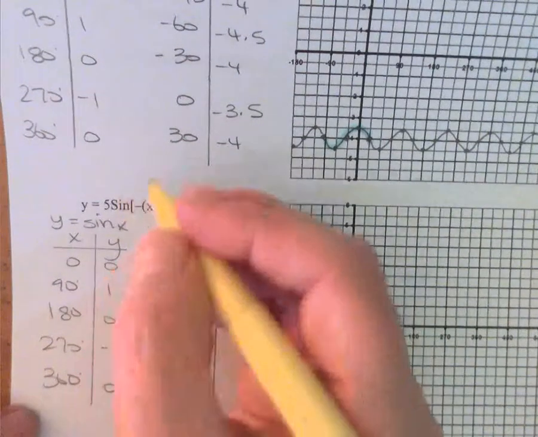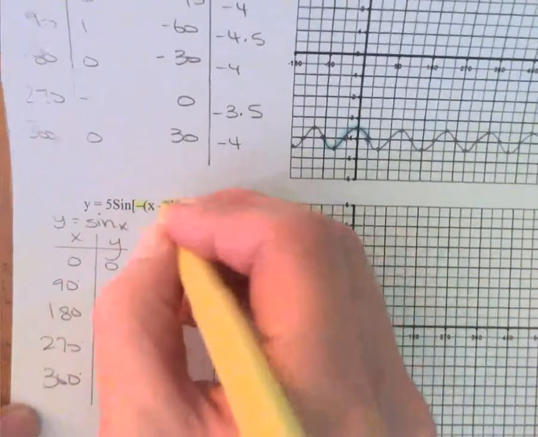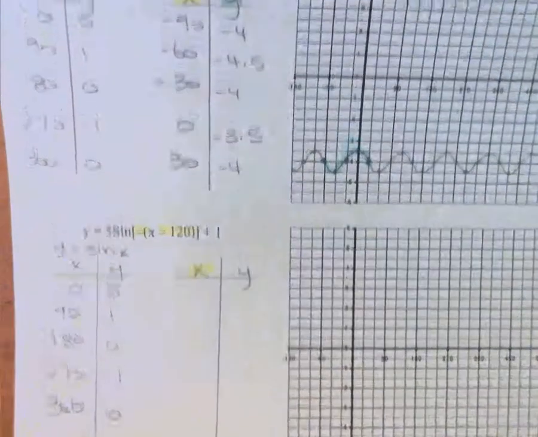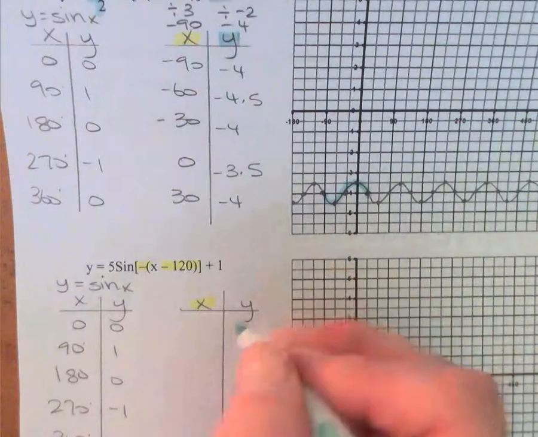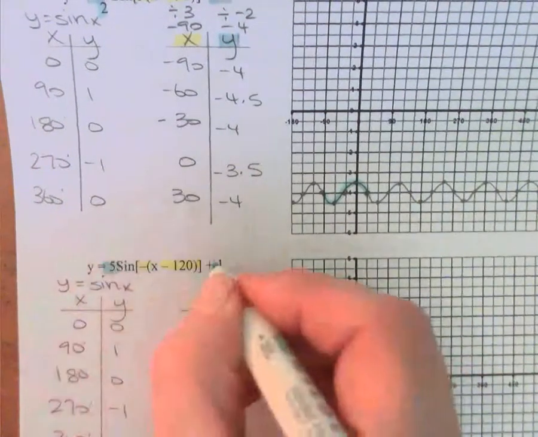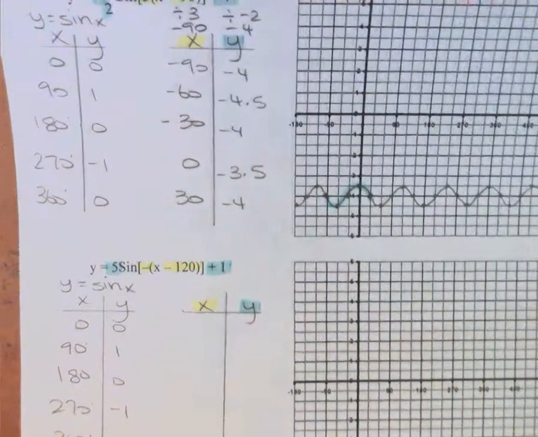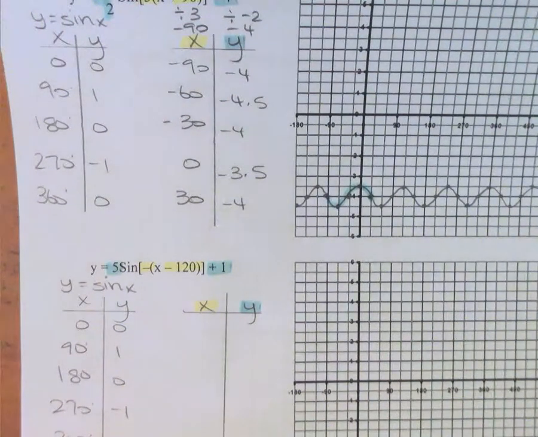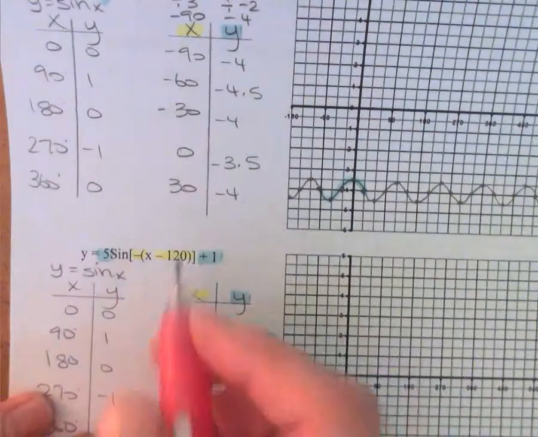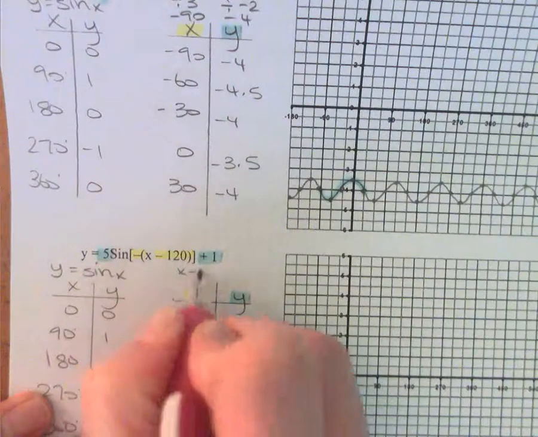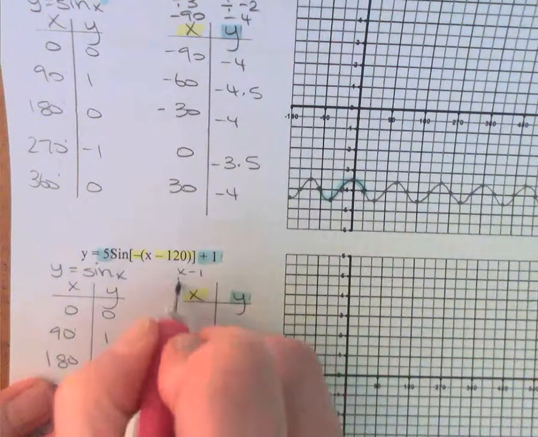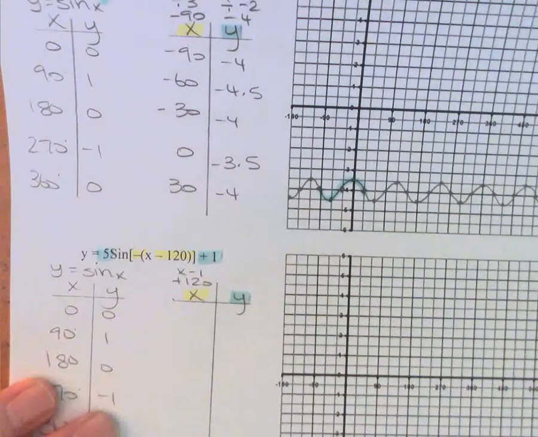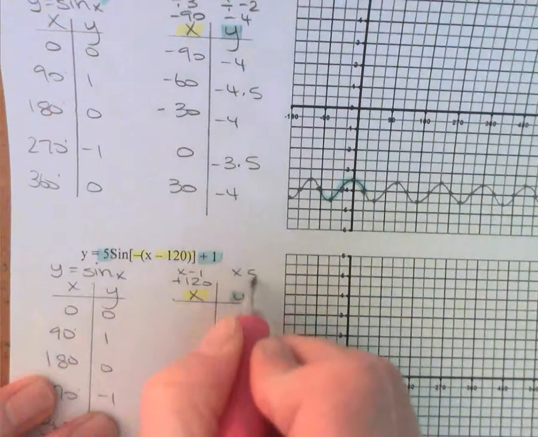So x is anything inside the brackets. Brackets will lie. Y will be anything outside the brackets. It does what it says it's going to do. So this means we're going to multiply by -1. You can also write divide by -1. It doesn't actually matter. And then we're going to add 120. And then we're going to multiply by 5 and add 1.